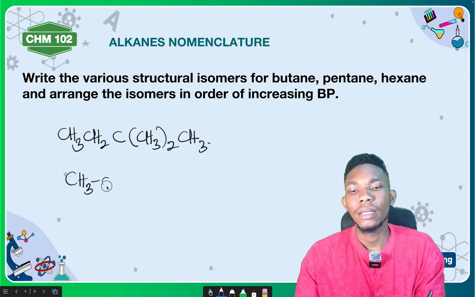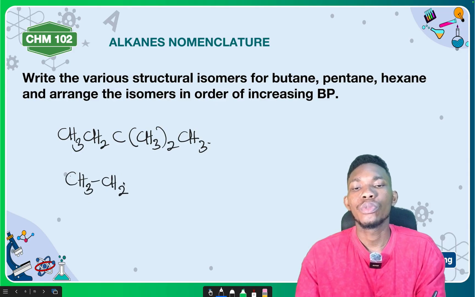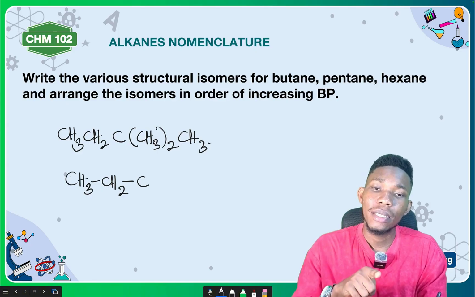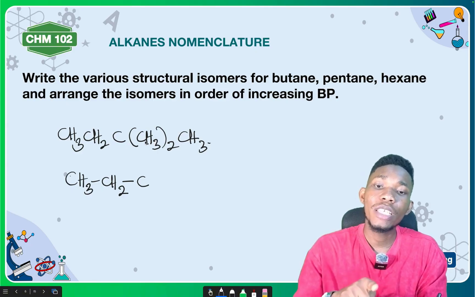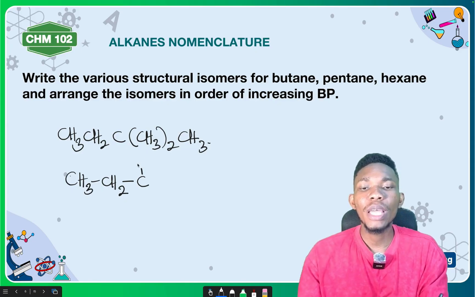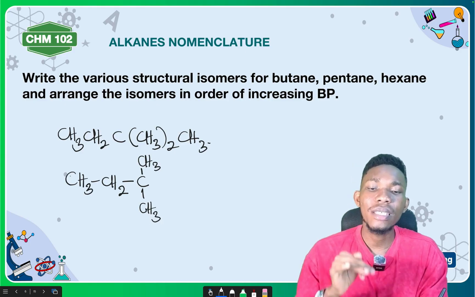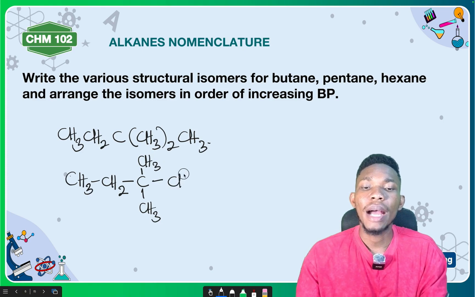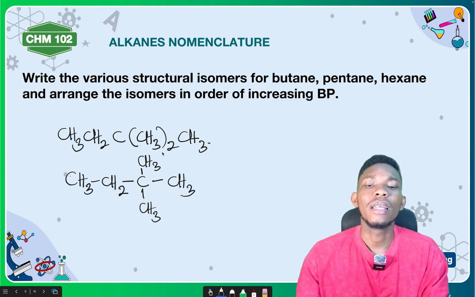CH3, then CH2, then here is supposed to be CH2. But the two hydrogens were replaced. And what were they replaced with? They were replaced with CH3, my dear student. So on top here, we have CH3, and under here, you have another CH3. That is to tell you that this CH3 and this CH3, they are what? Substituents. And of course, we have CH3 here.